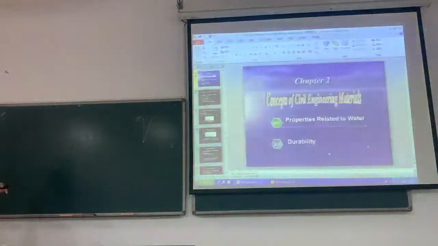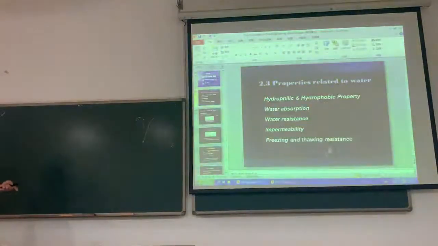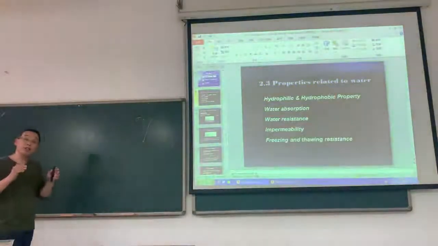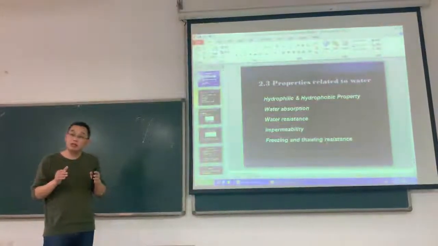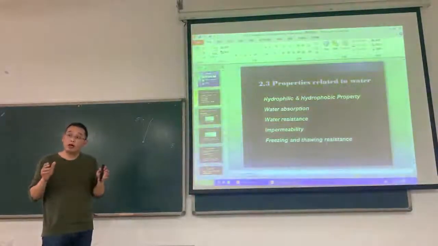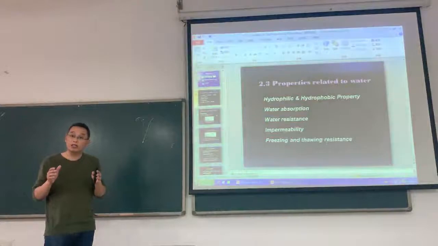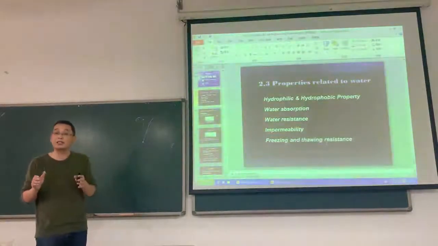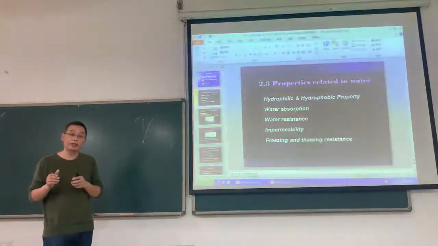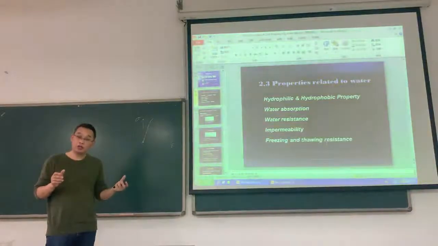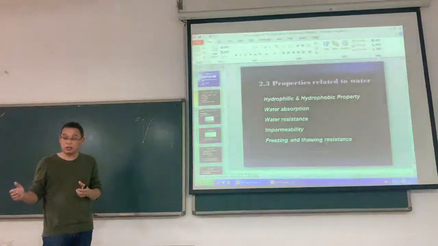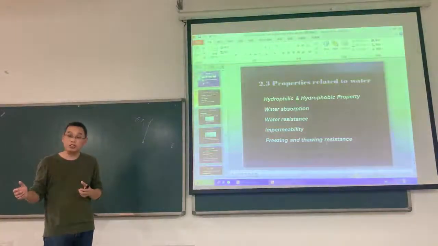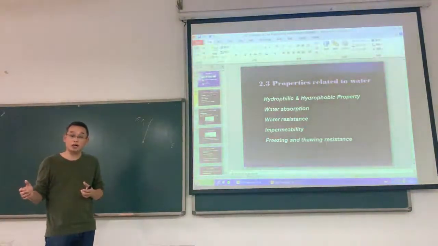And then we can learn something about the properties of materials about the water. Why we need to pay attention to this problem? Because most of the materials we use in civil engineering are in contact with the water, such as the moisture in the air or the underground structures under the water.